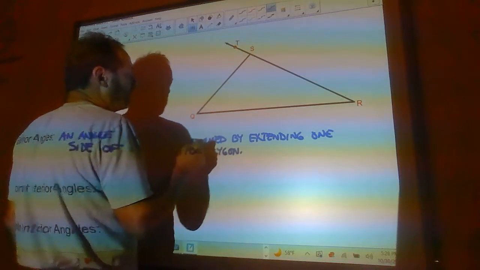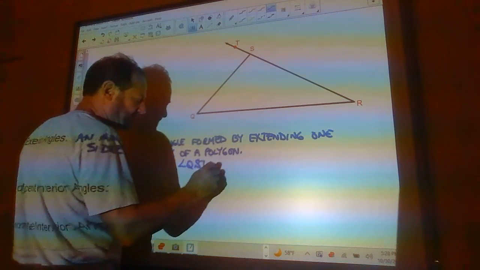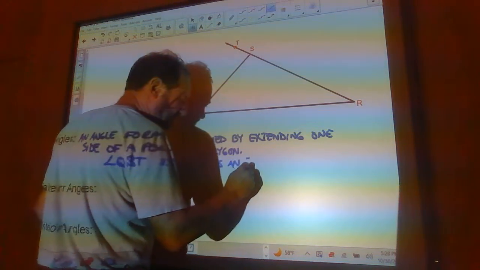So if I look up here in this picture, angle QST is an exterior angle.